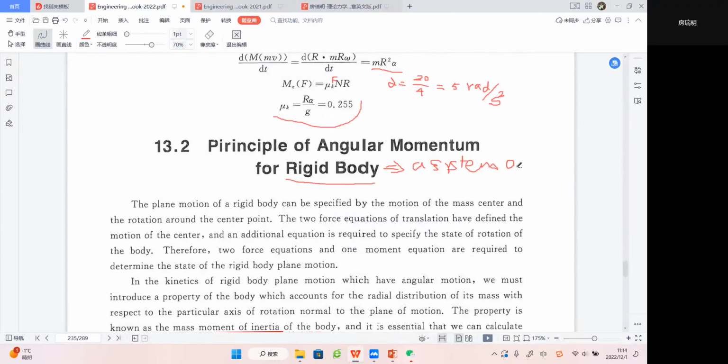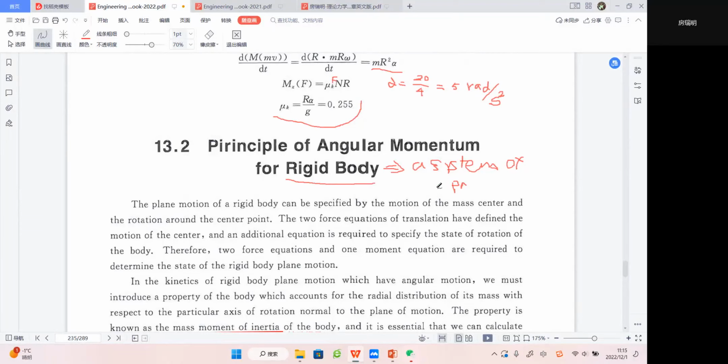There are a lot of particles which constitute the whole body, but because this rigid body is an ideal model of forces, it never changes its shape, it never has any deformation, no matter how big a load acts on this body.